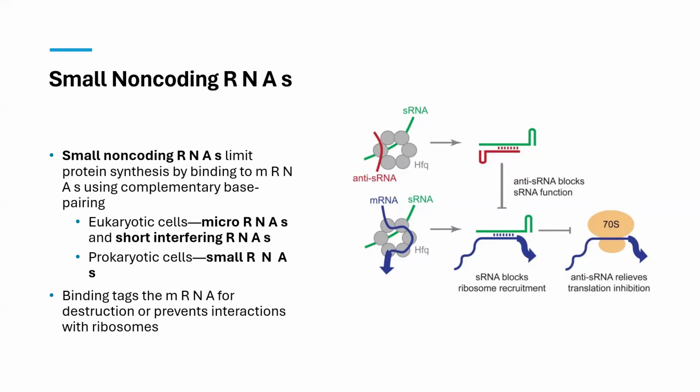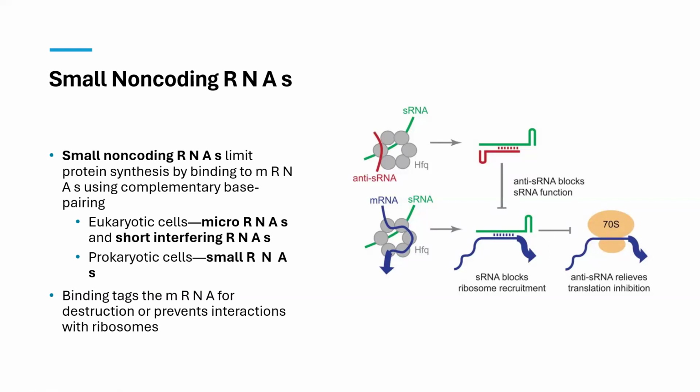And so you'll have, in this example over here, we have two options. We have this small RNA, which is represented by the green, and it binds to the mRNA, which is represented by the blue. And if that mRNA is bound to this small RNA, then it can't get into the ribosome.